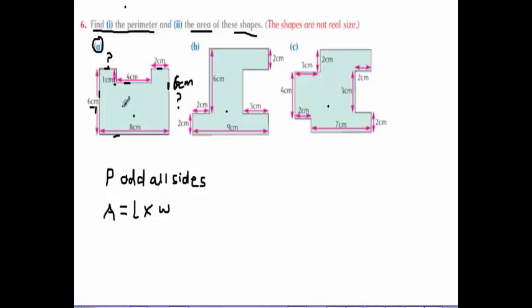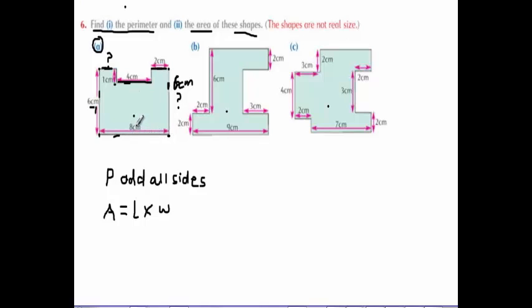So I'm going to look at the information that I do know. I know that the length from this side to this side is 8 centimeters. I know that from here to here is 8 centimeters. But I just want to find out this part of it here. So this line is 2 centimeters, this line is 6 centimeters, and here to here is 8 centimeters.